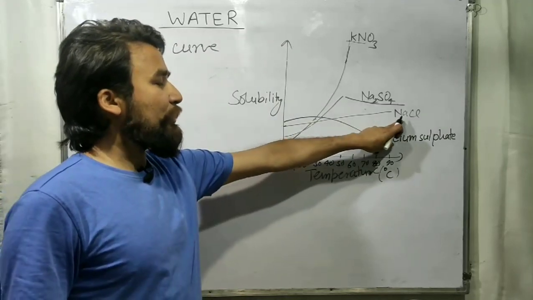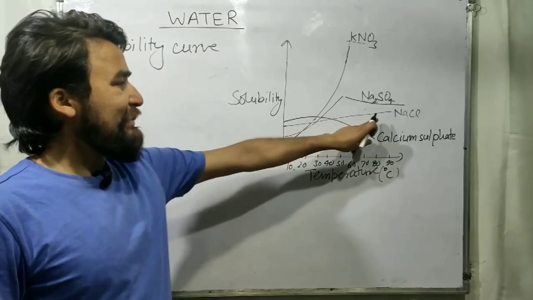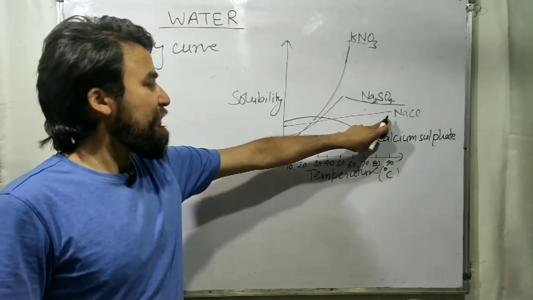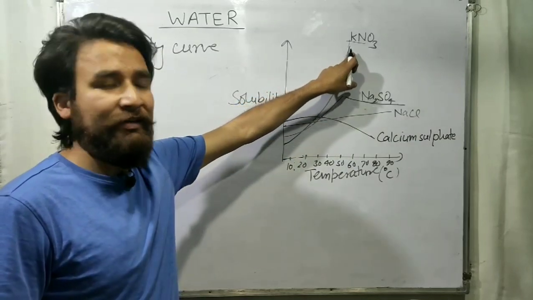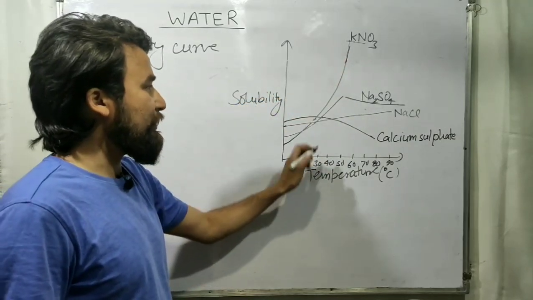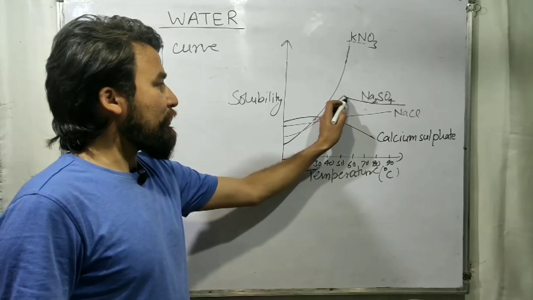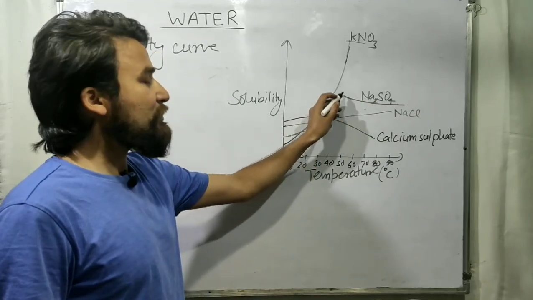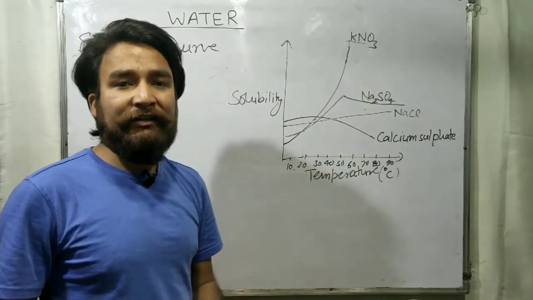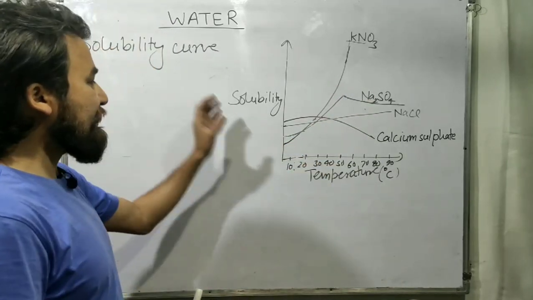Solubility of sodium chloride increases but only slightly with increase in temperature, while the solubility of KNO3 increases rapidly with increase in temperature. Na2SO4, sodium sulfate: its solubility first increases and then decreases with increase in temperature.